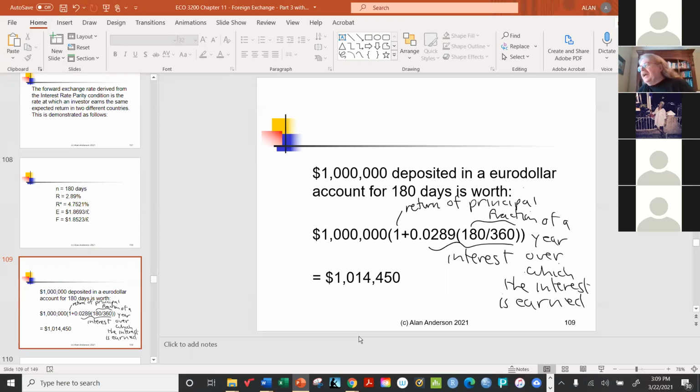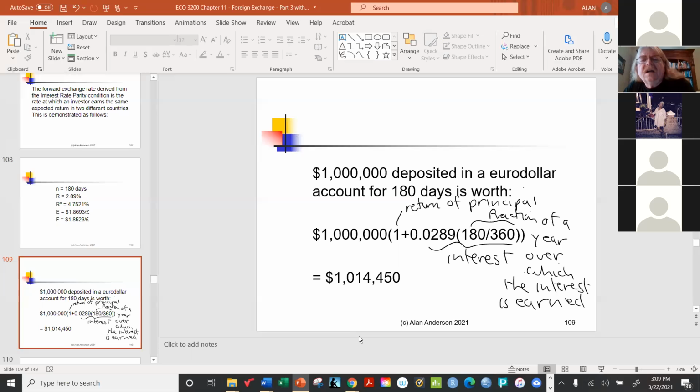In this case, it happens to be half a year. So instead of getting 2.89% on our investment, we're getting half of that, 1.445%, which on $1 million means that when the 6 months are over, our account should have grown to $1,014,450 US dollars. Now, of course, because we're Americans, this is fine. We want dollars. We are not bearing any foreign exchange risk.